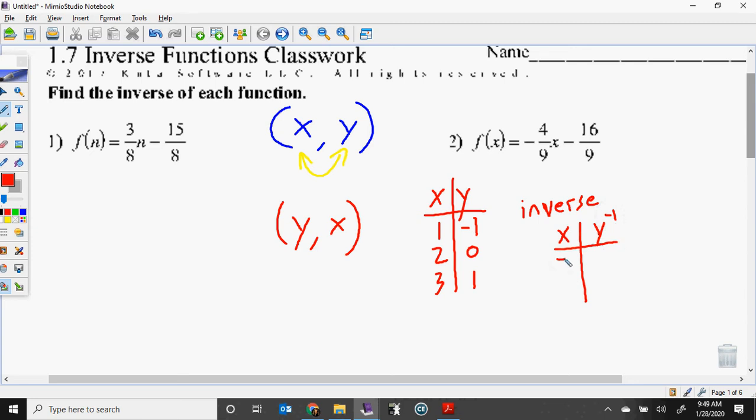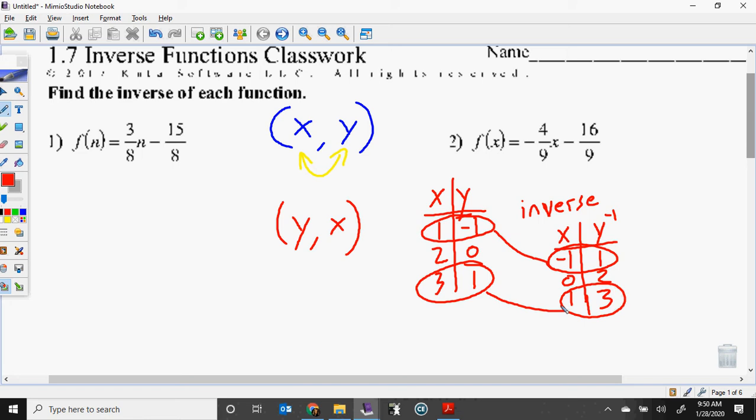So my x would be negative 1, the y would be positive 1. The x would be 0, the y would be 2. The x would be 1, the y would be 3. You see how I just switched each individual x and y. So that one became that. Okay, so an inverse is just switching the x and the y.